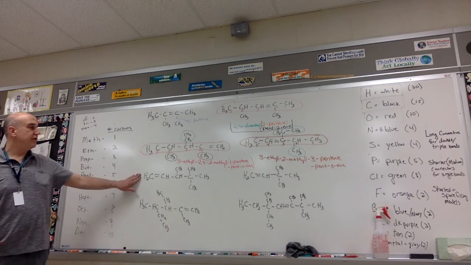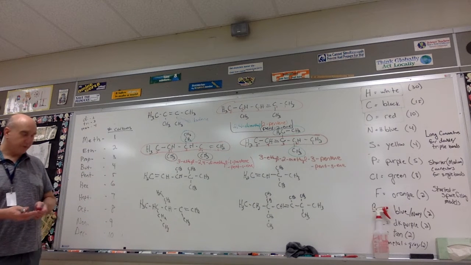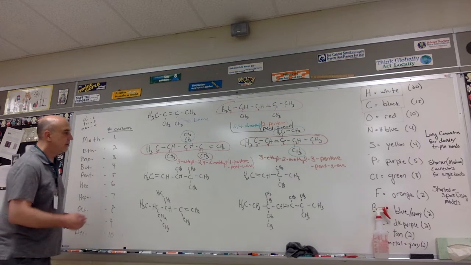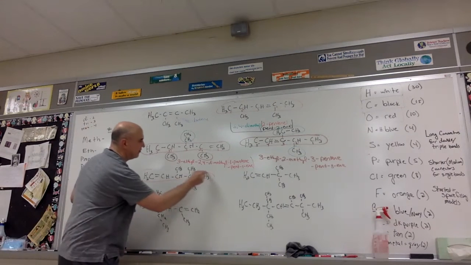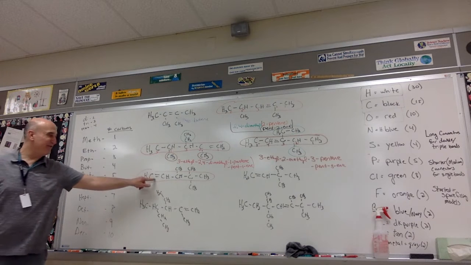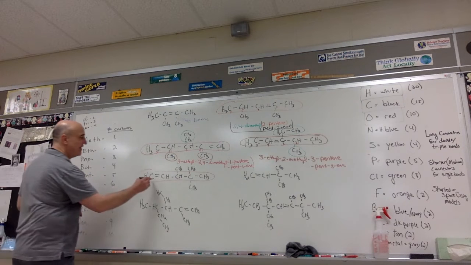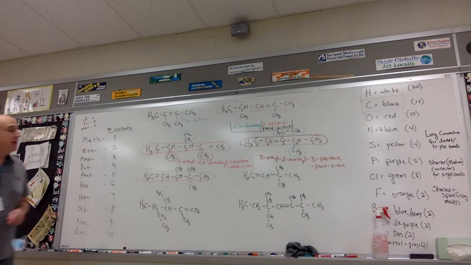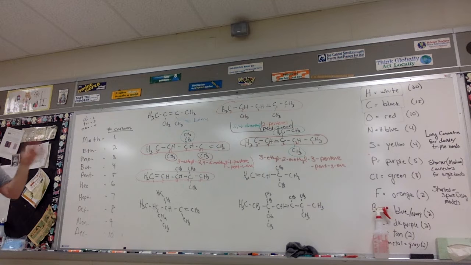Coming down here, which way are we going to number this one? I think it's obvious that this is our chain. Left to right, there's our double bond. So the double bond takes precedence. And then we just have methyl groups off the third and fourth carbons.